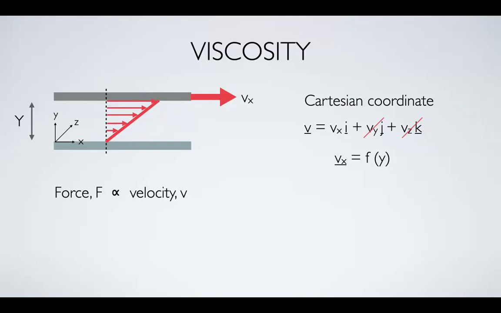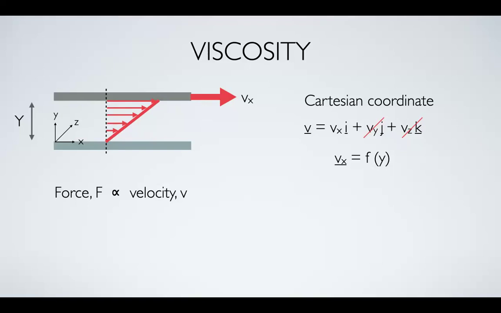But if we consider the area of the plate as well, the larger plate and the smaller plate, the force applied with respect to the area is going to affect the velocity as well. So if you have a larger area of the plate, a big plate compared to the small plate, the force distributed in the area will be small.